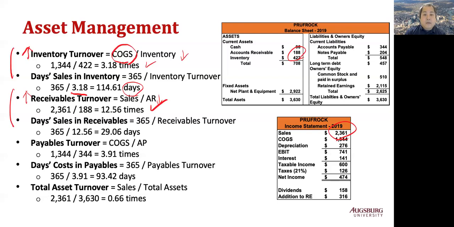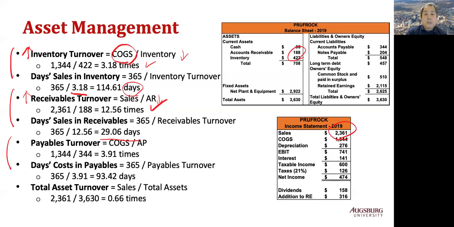Like days sales in inventory, we can also measure the average number of days to collect cash, called the days sales in receivable. See, 365 divided by receivable turnover. So 365 divided by 12.56, 29.06 days. So it means that this company takes on average 29.06 days to collect the cash, collect the account receivable from sales.